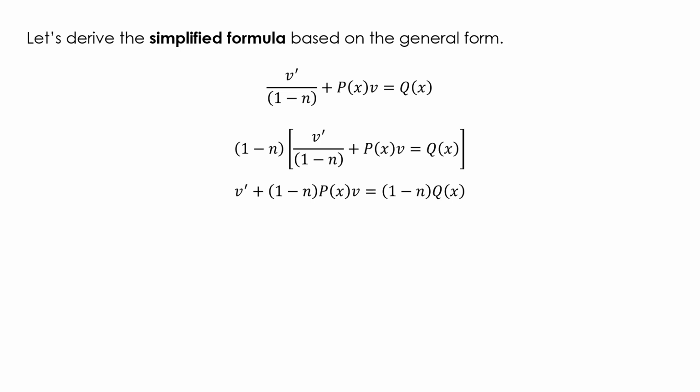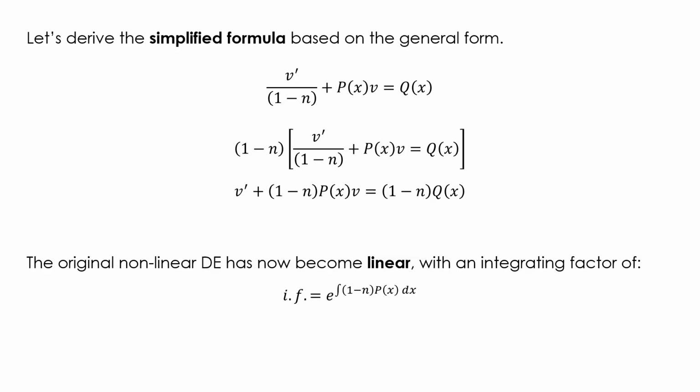That will leave our v prime with no coefficients, and the coefficient of v will become 1 minus n p of x, and the right side will become 1 minus n q of x. So now our nonlinear equation of the variable y has become a linear equation of the variable v with an integrating factor of e raised to integral of 1 minus n times p of x dx.